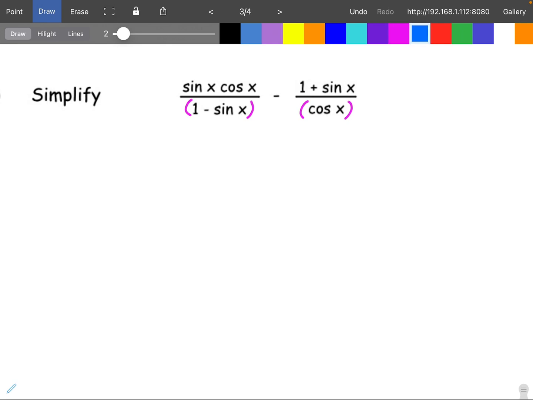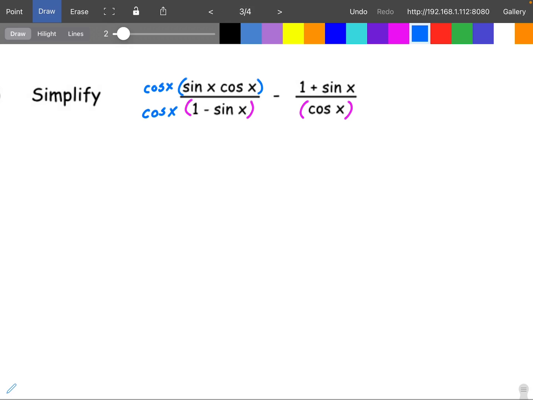So that means that the first fraction would have to get multiplied by cosine x on both the top and the bottom. Actually, I'm going to put it in front where I have more room. So I'm going to have cosine x and then cosine x, because then I've technically just multiplied by 1.